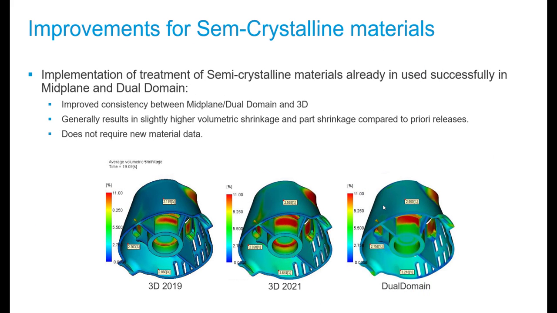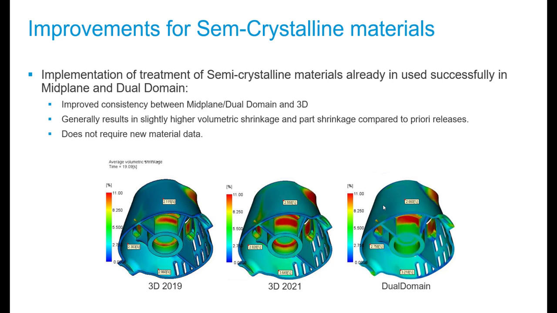Another big improvement this year is that we are changing the way we treat semi-crystalline materials in the 3D flow solver. We had certain behavior in the dual domain solver for a very long time already, in the mid-plane as well. That's the treatment of how plastics, semi-crystalline materials, solidify.